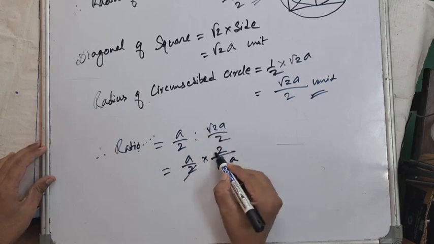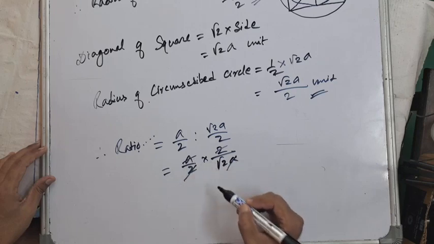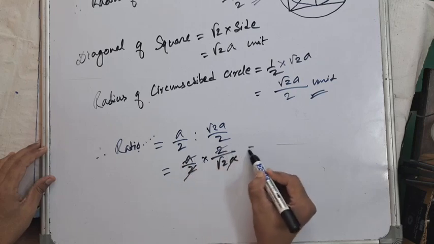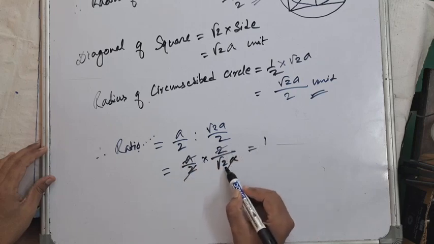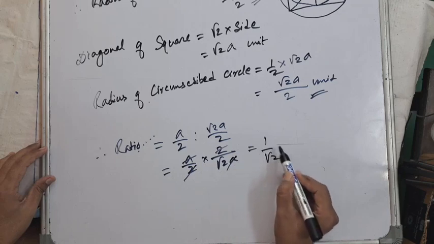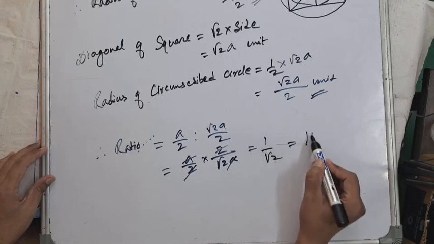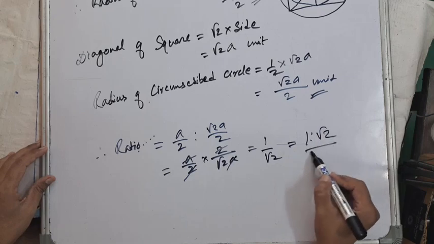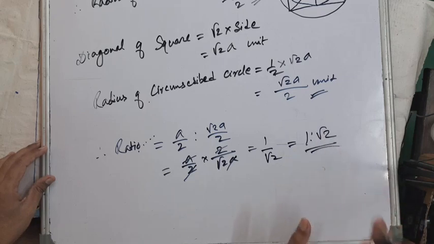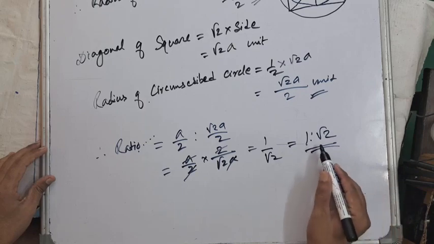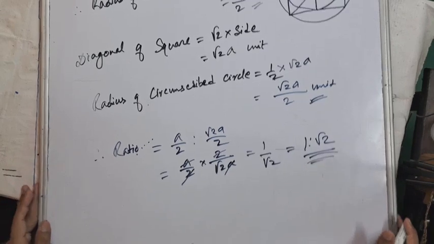This 2 and 2 cancel out, a and a cancel out. So in the numerator we have 1 and in the denominator we have root 2. So 1 upon root 2 means 1 is to root 2. The ratio between the radius of the inscribed circle and the circumscribed circle is 1:√2. So this is the solution for question number 3.